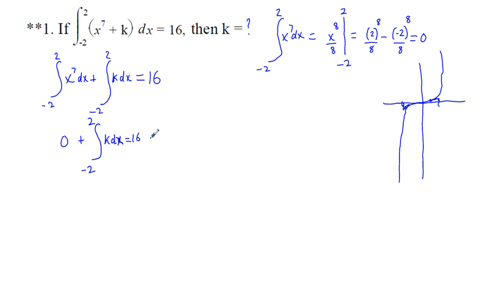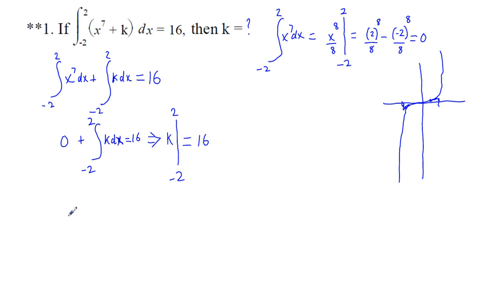Okay, working to the right, the integral of k dx is going to be kx, and we're going to evaluate that from negative 2 to 2, and I'm just going to set the equation equal to 16.